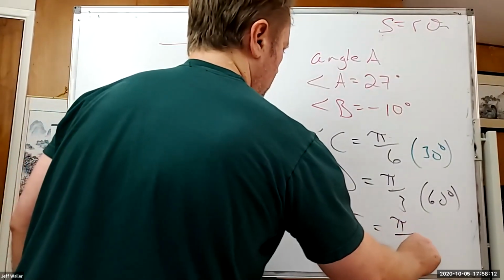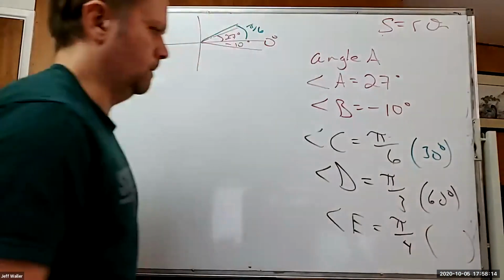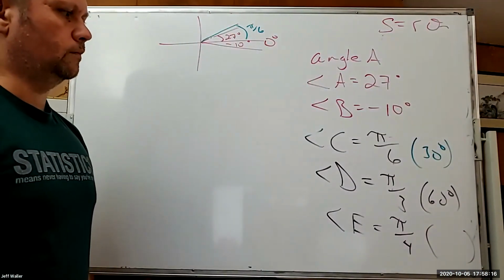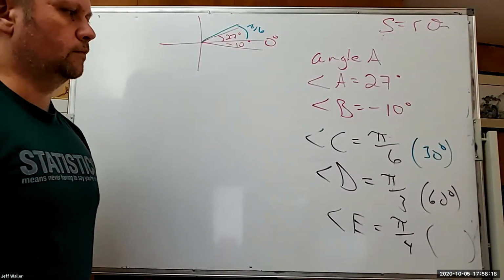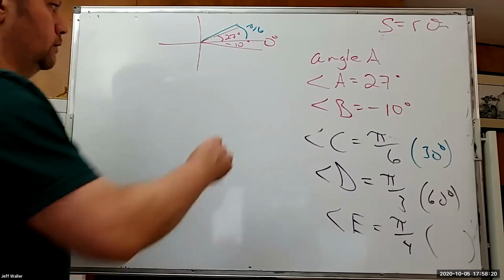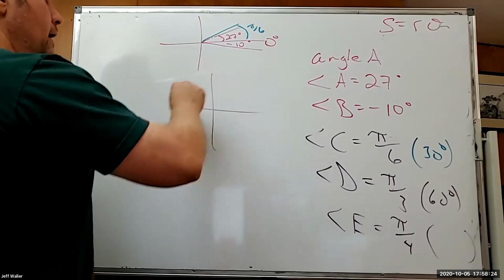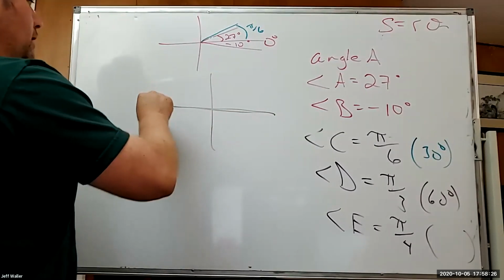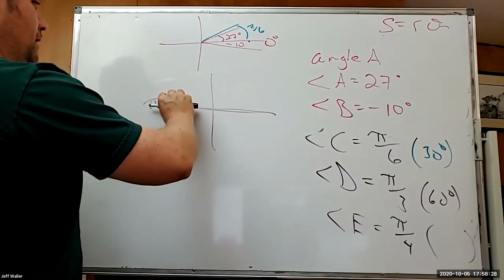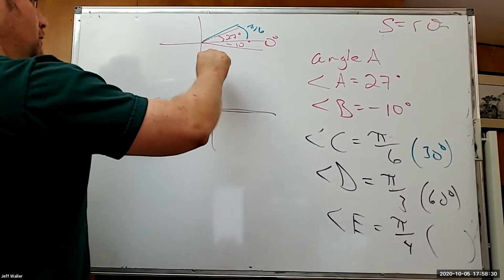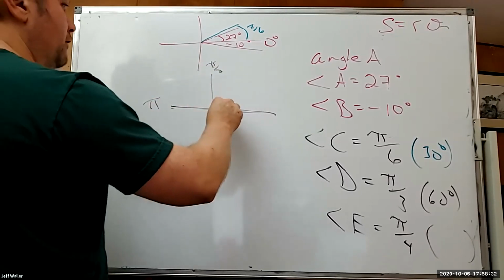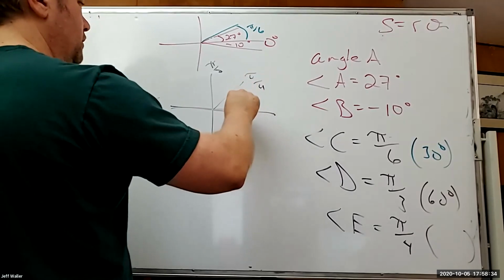Of course, another one that's going to be big is this guy. What's this guy? 45. Another way to look at him is this whole thing is 2 pi. Half of that is pi, half of that is pi over 2, and then half of that is pi over 4. So that's going to be 45 degrees, right in the middle.